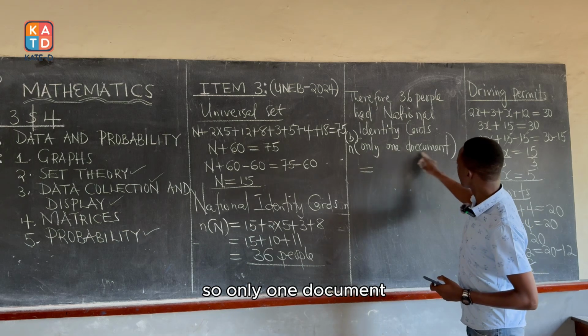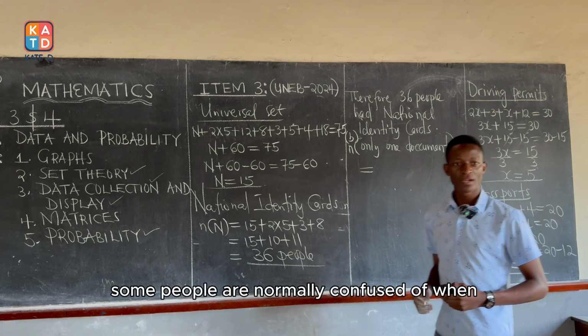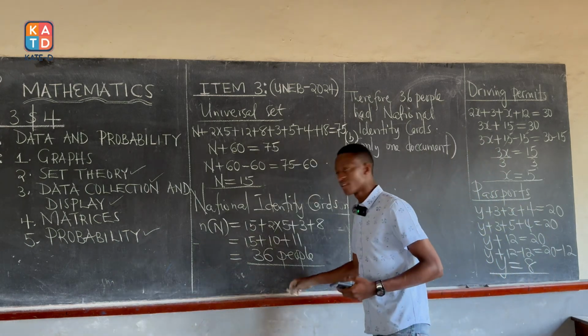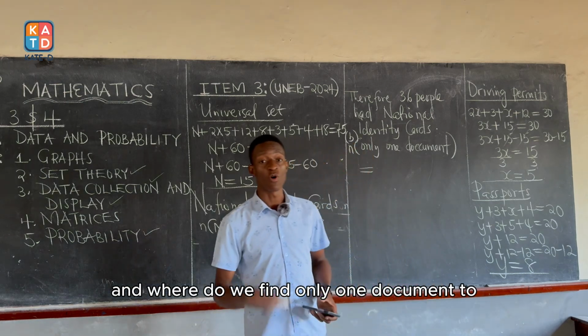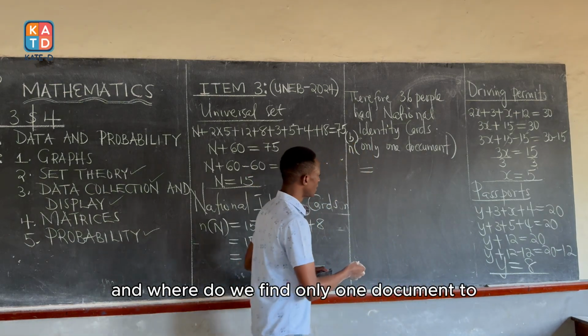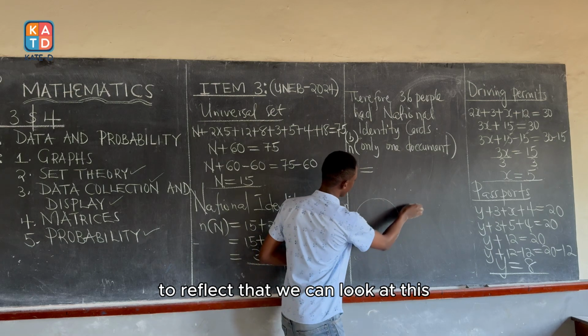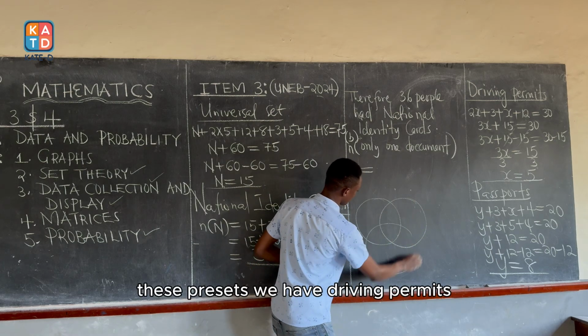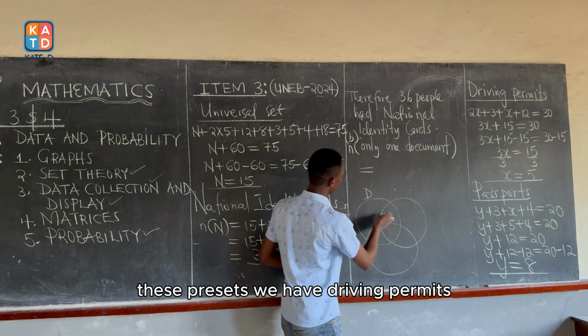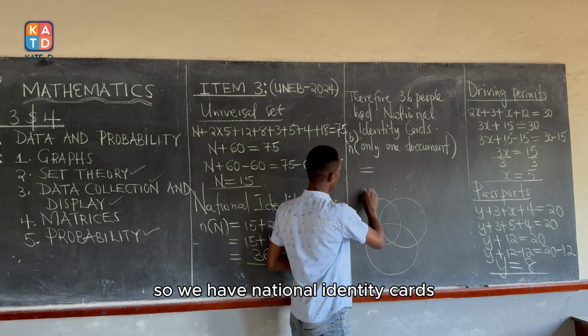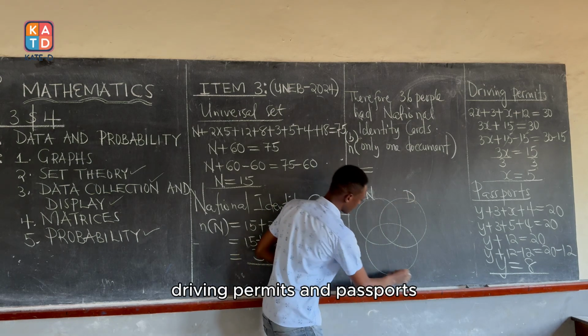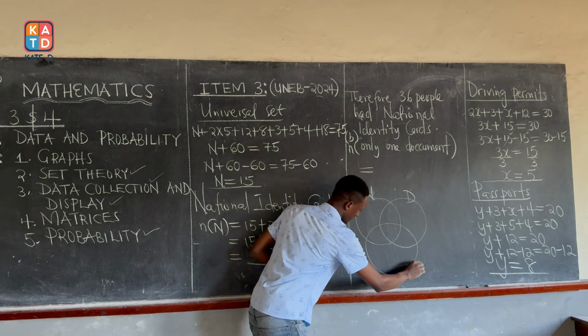Some people are normally confused about when and where we find only one document. To reflect that, we can look at these 3 sets: national identity cards, driving permits, and passports.